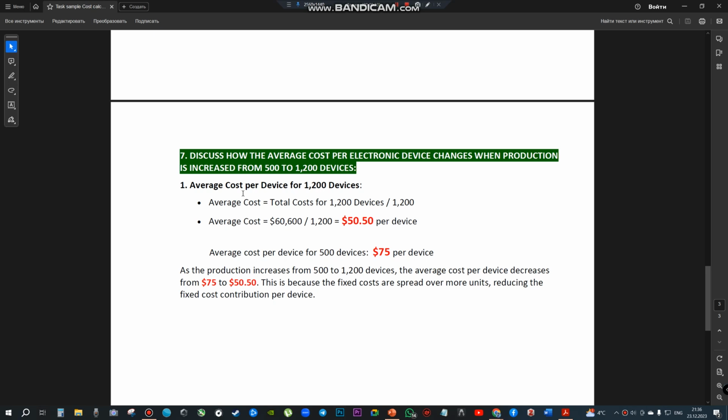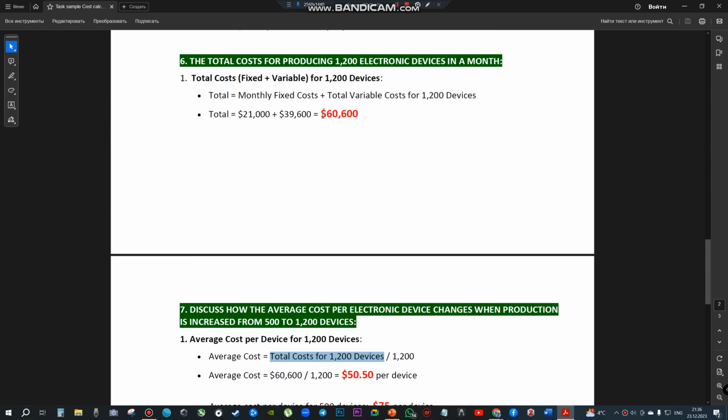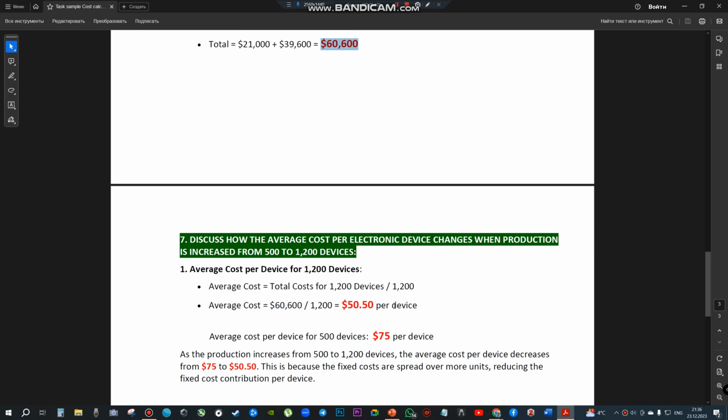We need to calculate the average cost per one device. It's pretty easy. We just have to divide the total cost for 1,200 devices, this number we already received, by the number of devices. And as a result, we have $60,600 divided by 1,200 units of production, and in the end we receive this number.